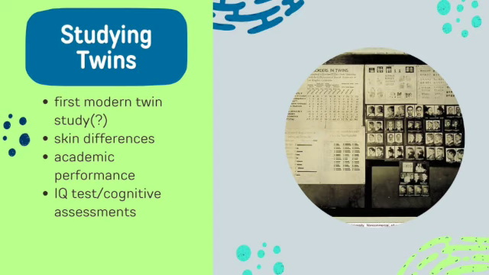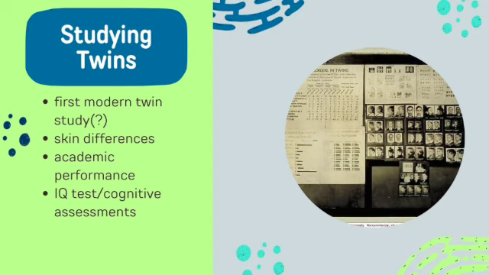But he was a dermatologist, and he looked at more of the physical differences between twins, and he found that when it came to moles or birthmarks, he concluded that identical twins would have more similarities than fraternal twins.